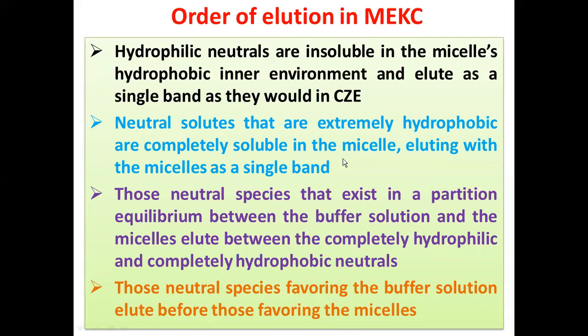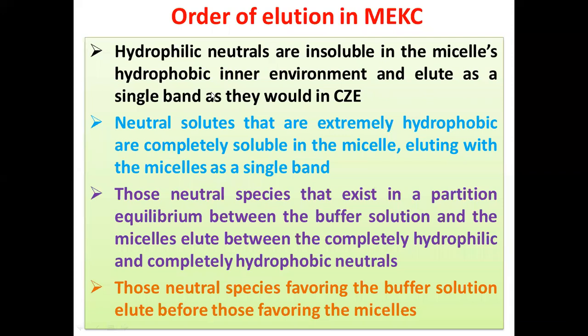Means before the hydrophobic molecules, all those solutes which favor the buffer solution are eluted. First hydrophilic, then the solutes partitioned between the micelle and the buffer, then the solutes favoring the property of the buffer, then hydrophobic solutes.